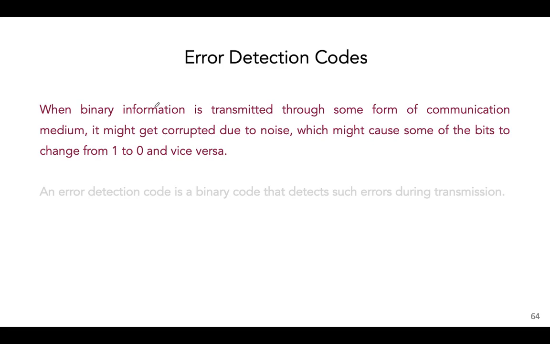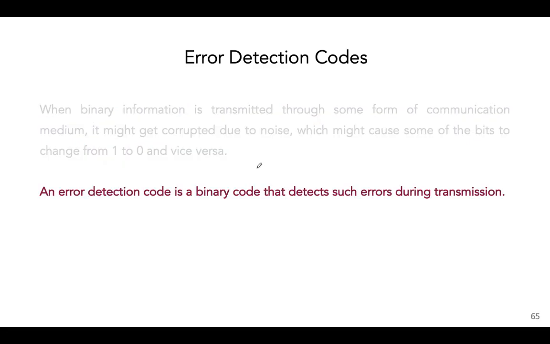The point is, when binary information is transferred, and binary information is just zeros and ones, the error that could occur is mostly the changing of 1 to 0 and 0 to 1. It's easy to occur, but it could change the entire meaning of the whole thing, because that is all binary information is, zeros and ones. So if during transmission a 1 changes to 0 or 0 changes to 1, that could have significant consequences. Error detection codes are binary codes that help detect such errors during transmission.